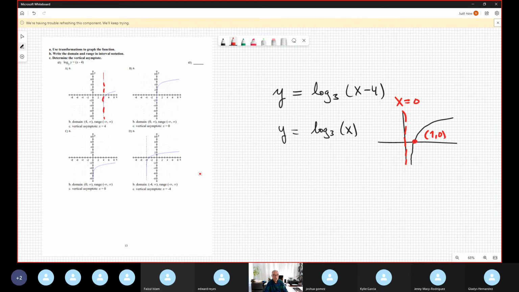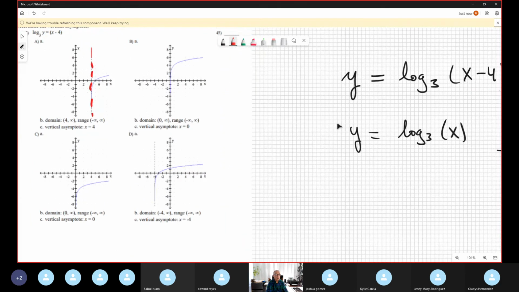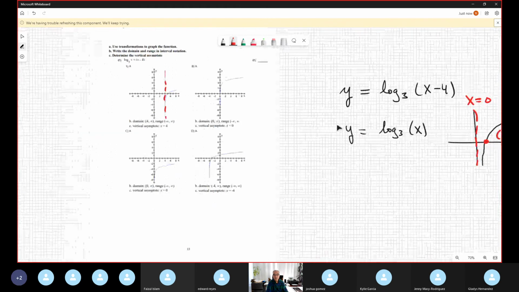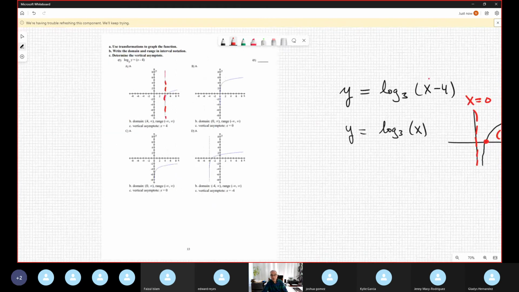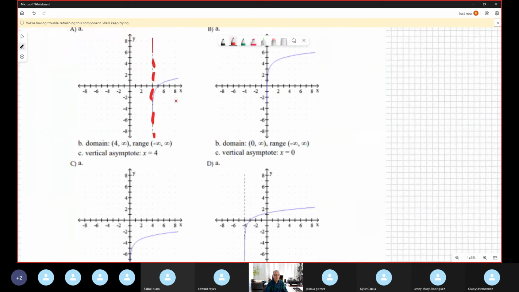To confirm everything is okay, the option A is, for example, if you evaluate at 5, 5 minus 4 is 1, and logarithm of 1 is 0. And this is the famous point 5, 0.